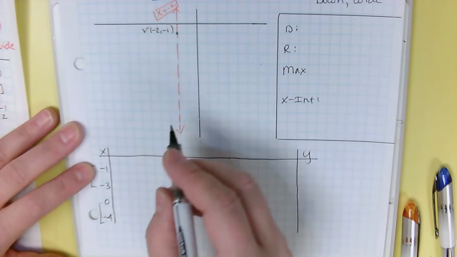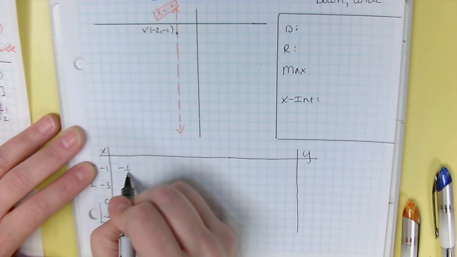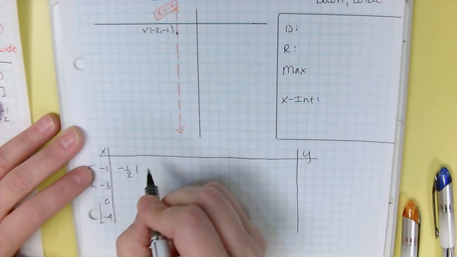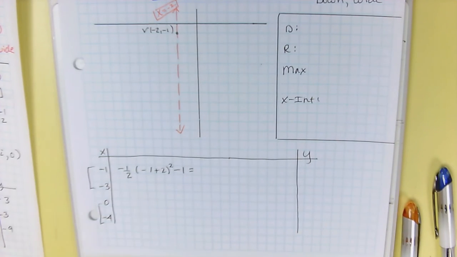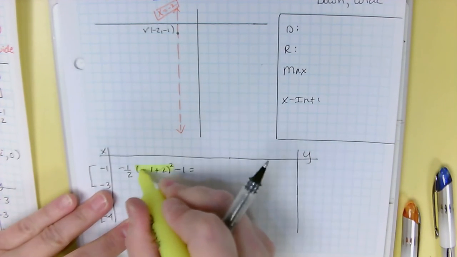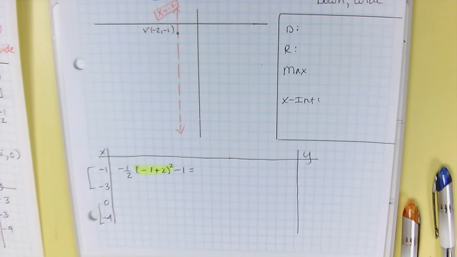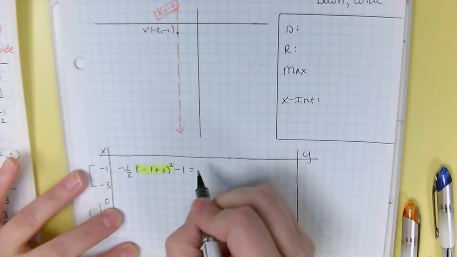So put a -1 into the equation. You get -1/2 times (-1 plus 2) squared minus 1. Now remember, you have to do the perfect square first before you multiply by -1/2. So 2 minus 1 is 1. 1 squared is 1.